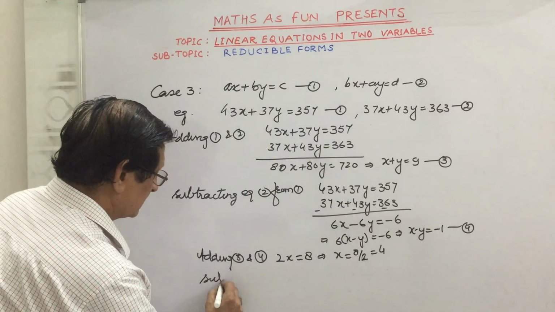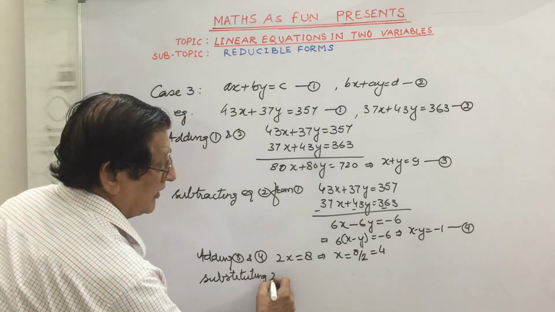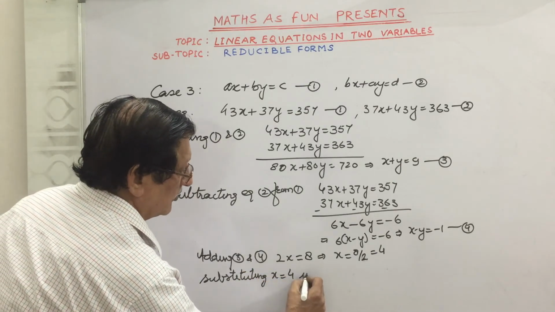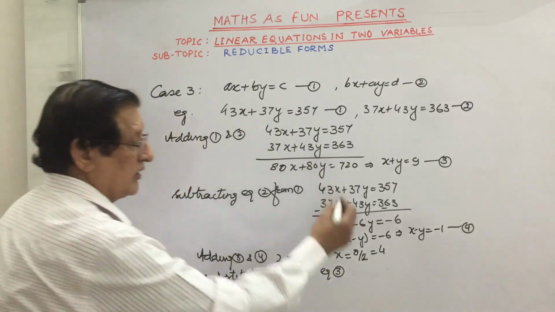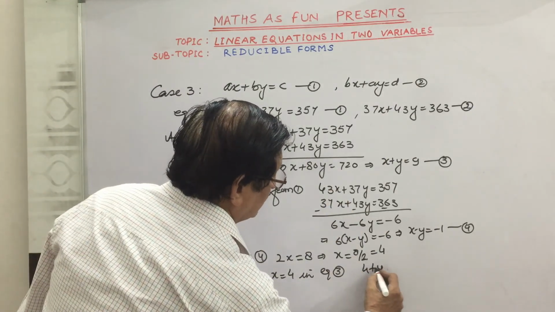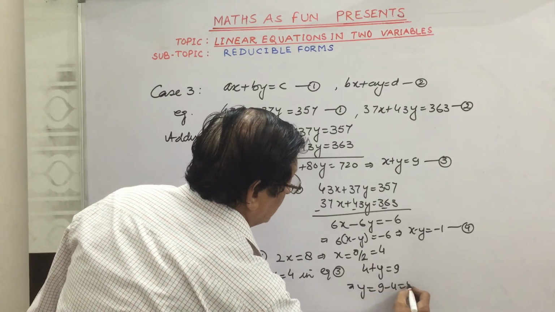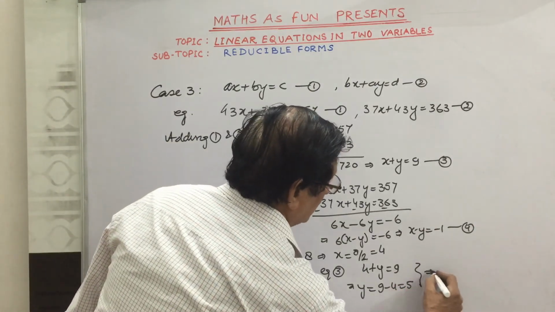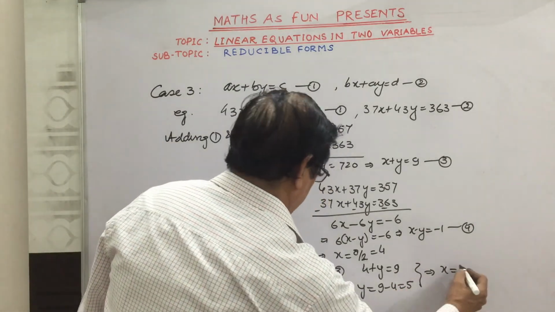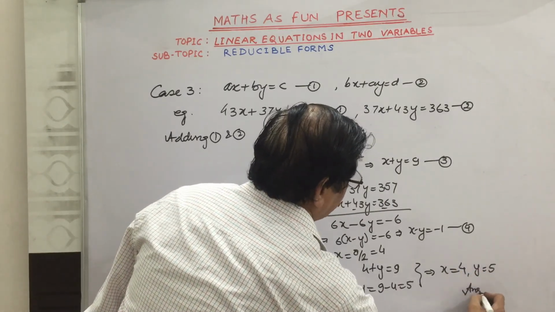We can write substituting x is equal to 4 in equation number 3. We get 4 plus y is equal to 9. It means y is equal to 9 minus 4, that is 5. And therefore the solution is x is equal to 4 and y is equal to 5.